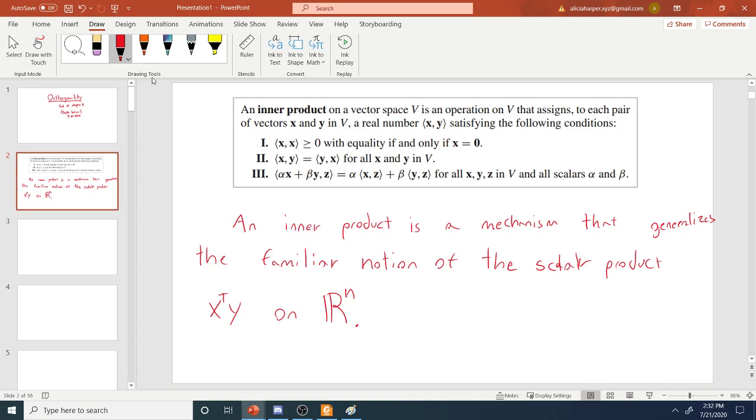So it gives us a way of taking the structure of this particular scalar product and putting it on a lot more kinds of vector spaces.